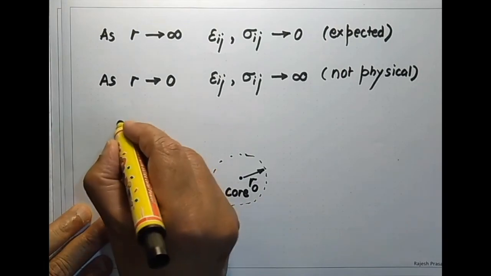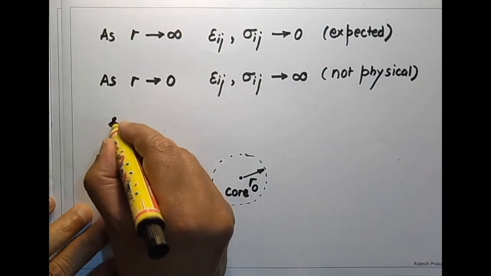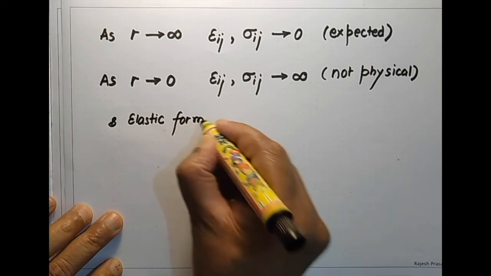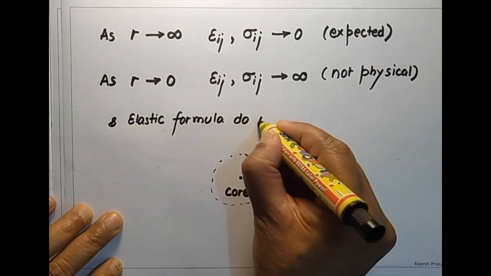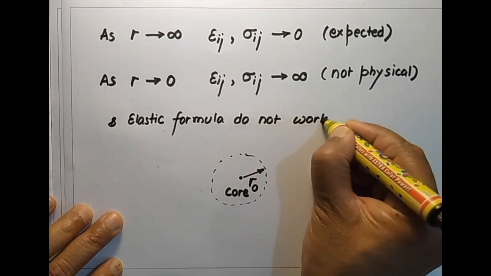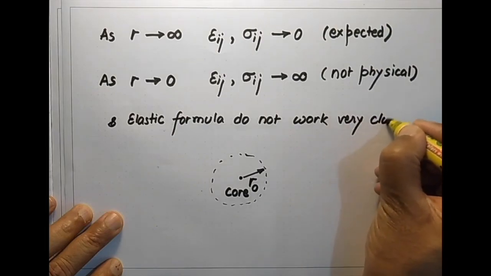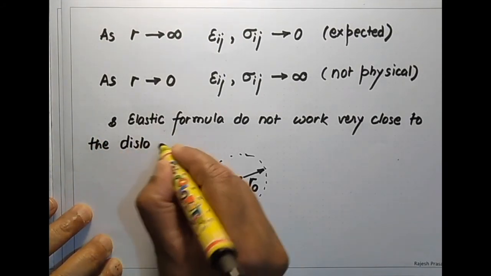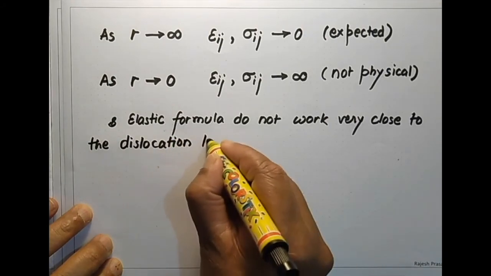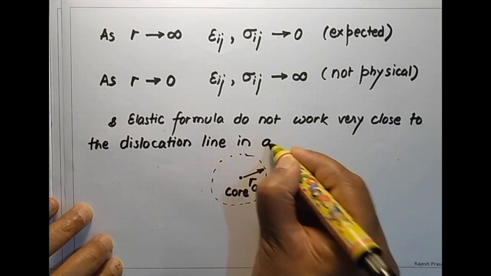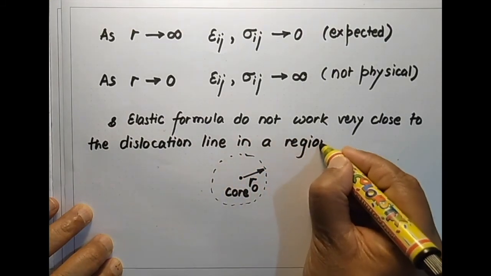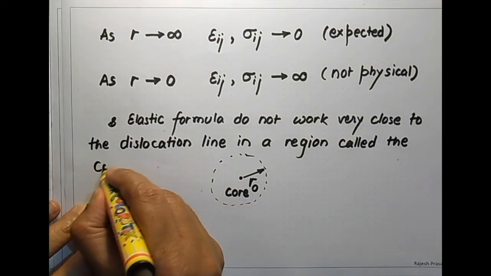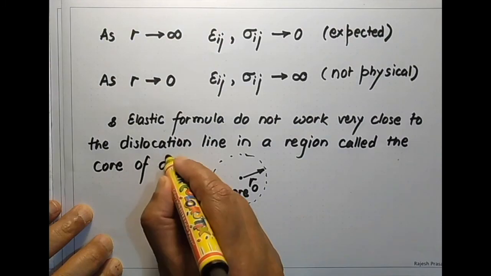So elastic formulas do not work very close to the dislocation line in a region called the core of the dislocation.